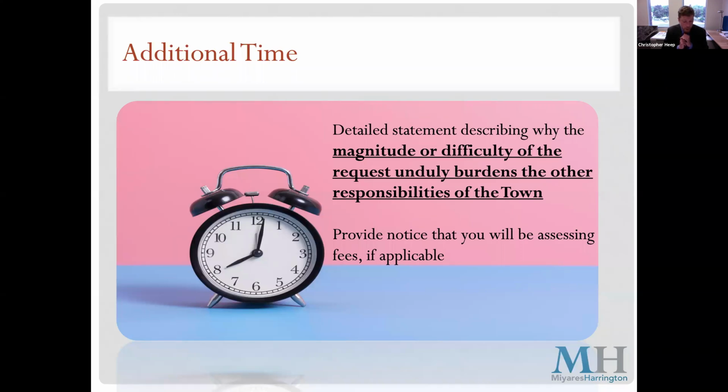And the standard for doing so is because the magnitude or difficulty of the request or the multiple requests from the same requester unduly burdens the other responsibilities of the town. If that is so, the town can send a letter unilaterally claiming additional time to provide the response, provided that the additional time cannot add up to more than 25 business days from the original receipt of the request.